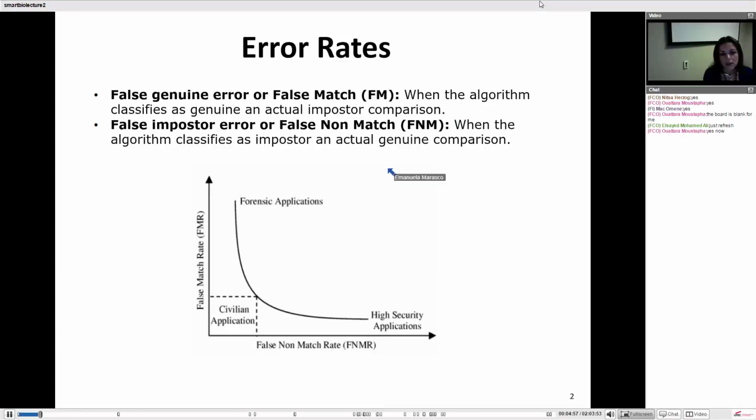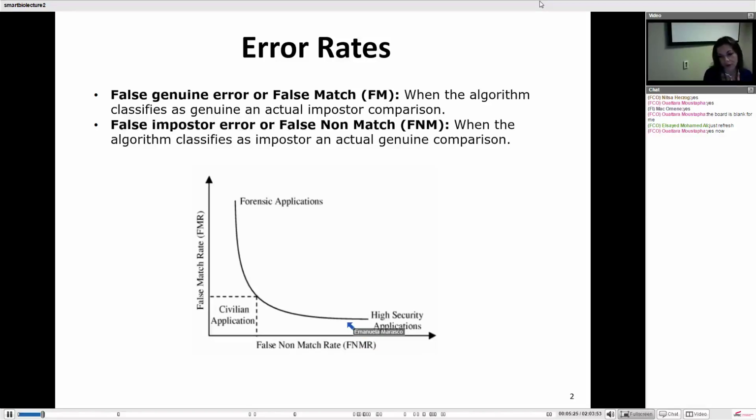Very good. So I was discussing this curve here, and you can see how the trade-off between false non-match rate and false match rate changes based on the requirement of the application. For high security applications, we really want a low false match rate. We don't want to accept many imposters, but of course the corresponding false non-match rate will be higher.